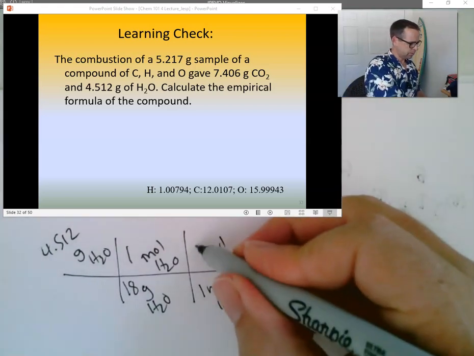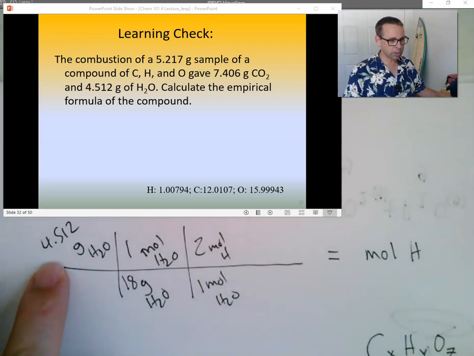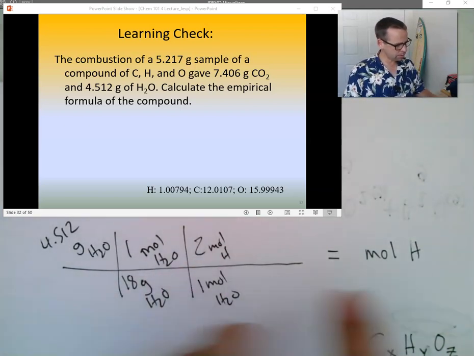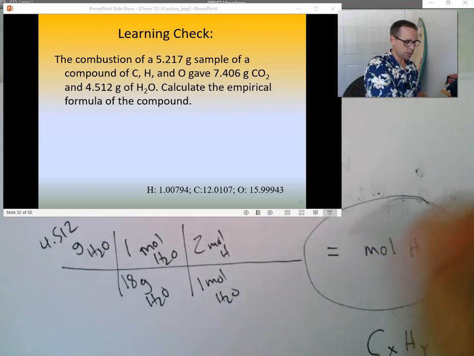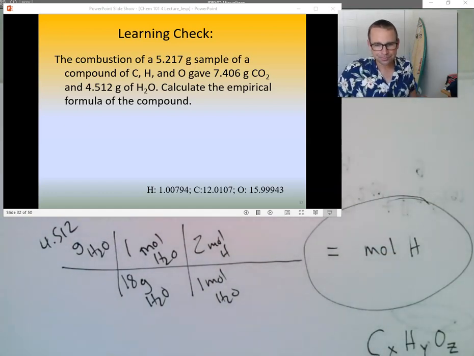2. Very good. So we got 4.512 divided by 18 times 2, and that'll give me my moles of water. Can you figure that out on your calculator?